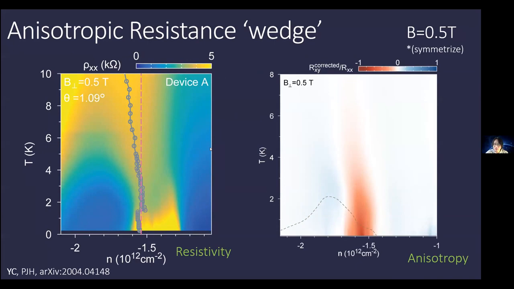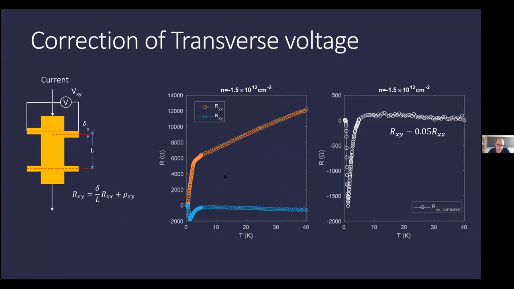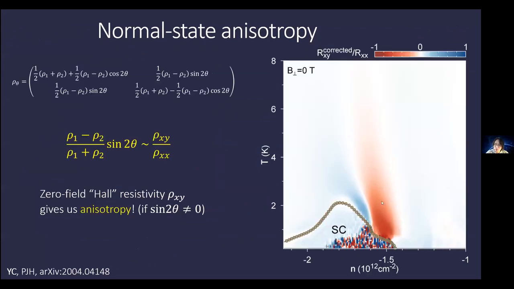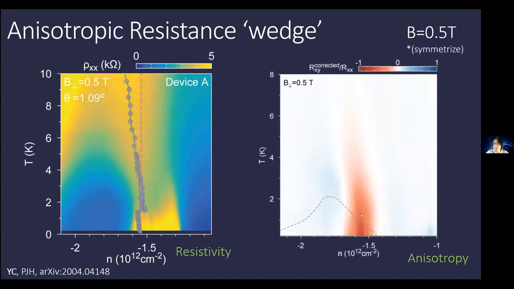So in your example curve of how you get the anisotropy from the subtraction, here for example, I'm picking a point where the amplitude is strongest, around there. I see. But it persists well above that, mostly in this wedge region specifically. The other main thing is that even if you kill the superconductivity, it's still very strongly here. So that's why we believe it's not directly related to the superconductivity.